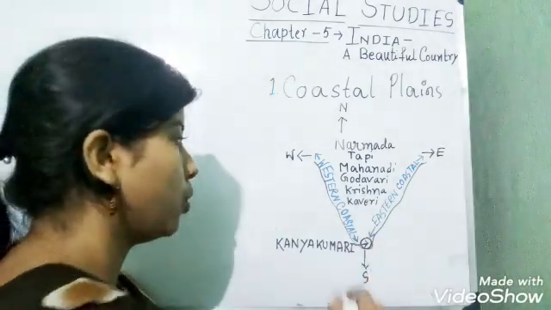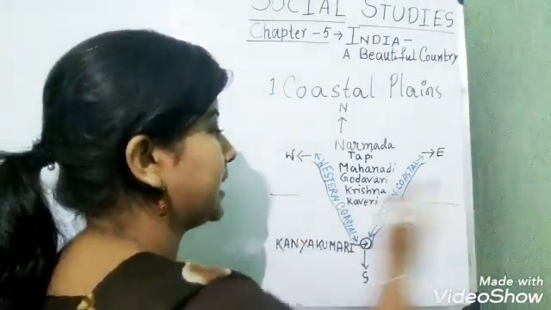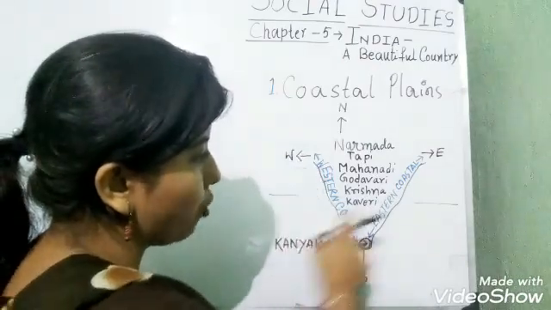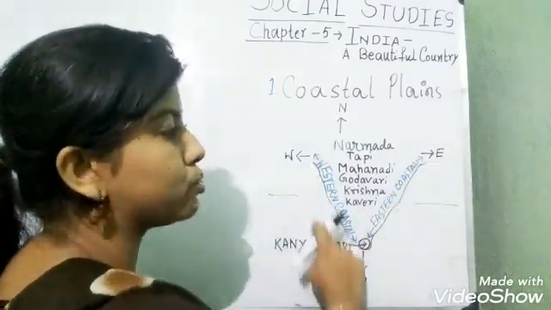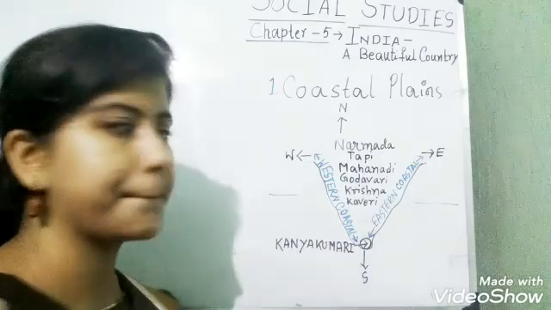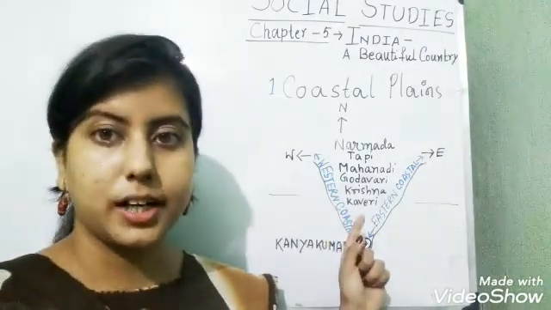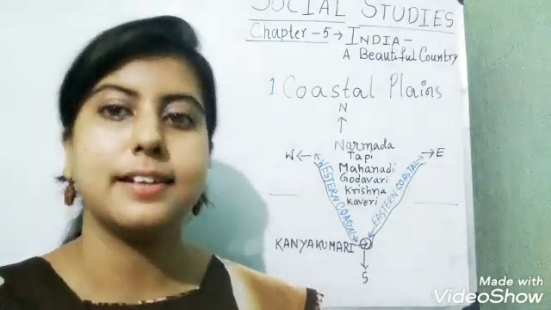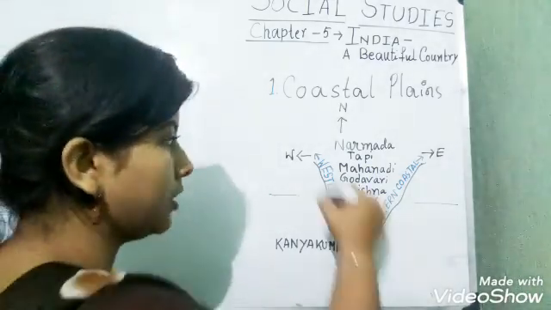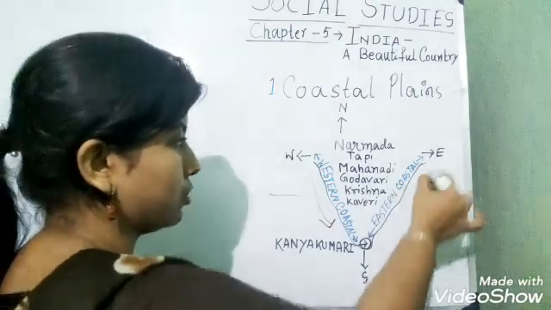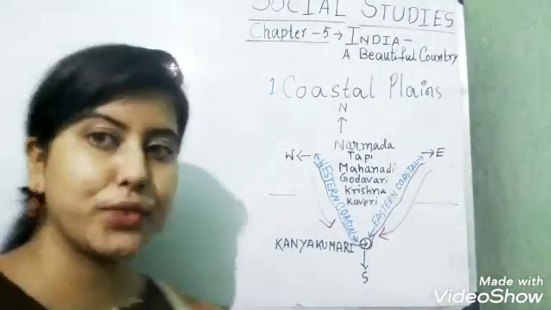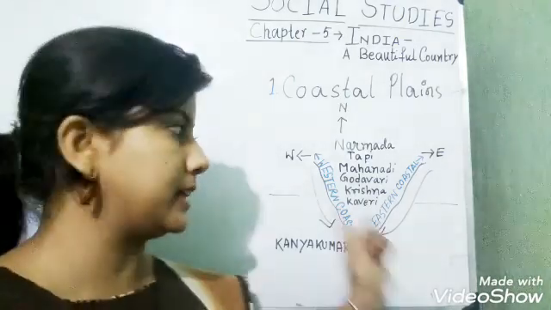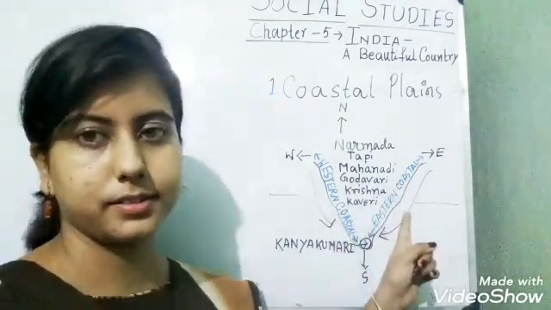Now, we have sea around this part. So, we have coast along these two areas. Here, we have a narrow strip of plain land along the coast. So, we can find coastal plains in these two areas.